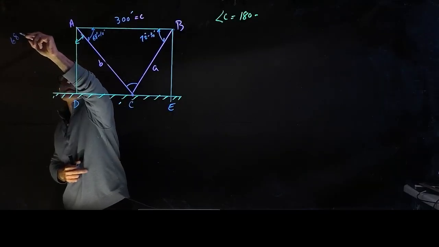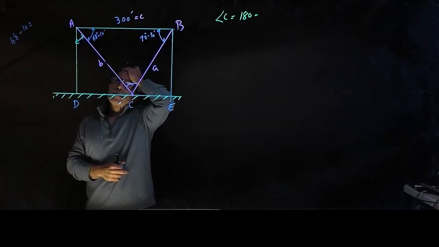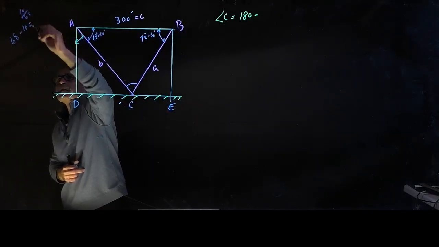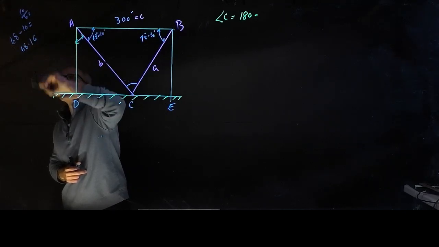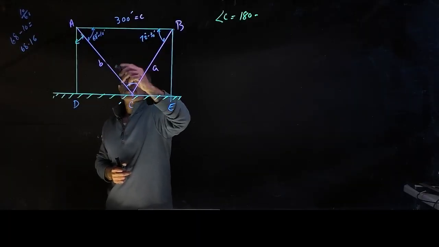So 10 divided by 60 is 0.17. So if I divide this 10 by 60, I get 68.16. And then this one, 72 and 30, that becomes 72.5.